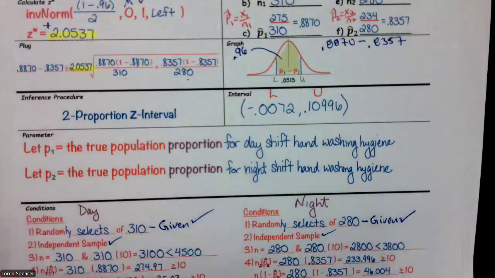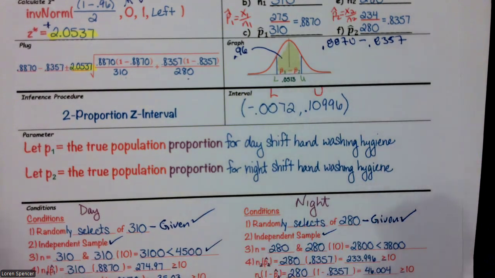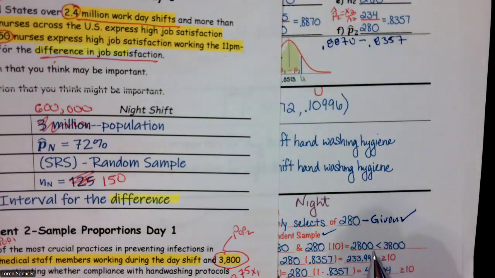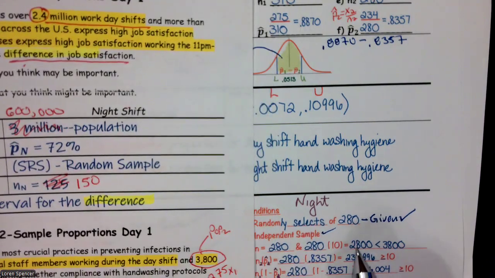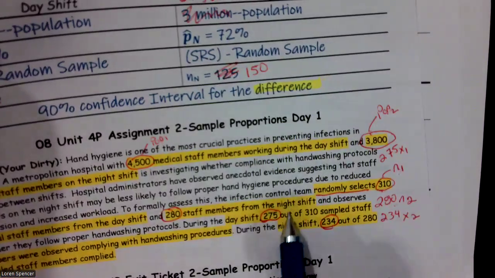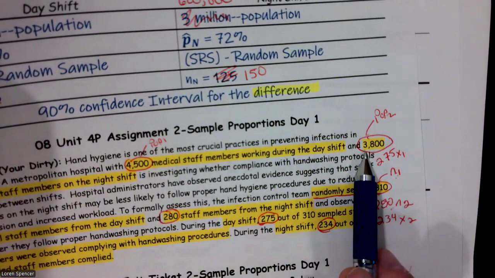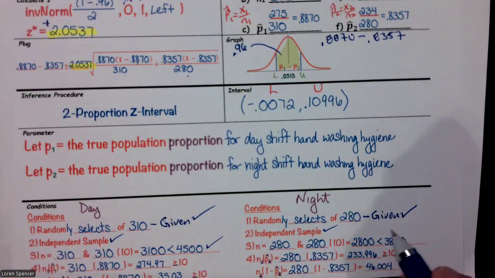Well, in this case, 3,100 is less than 4,500. We're fine there. Here we have 280 times 10 is 2,800, and our population size happened to be 3,800. So we're good there. N is less than 10% for both of them.